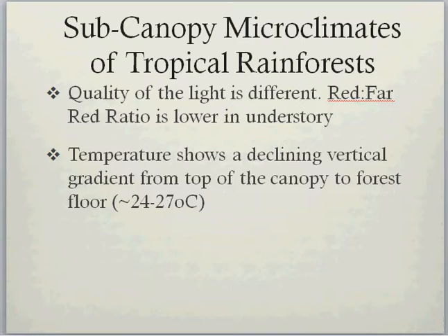Temperature is also lower. It shows a declining gradient from the top of the canopy to the forest floor of about 24 to 27 degrees Celsius. So from 27 at the top of the canopy down to about 24 at the bottom of the canopy.